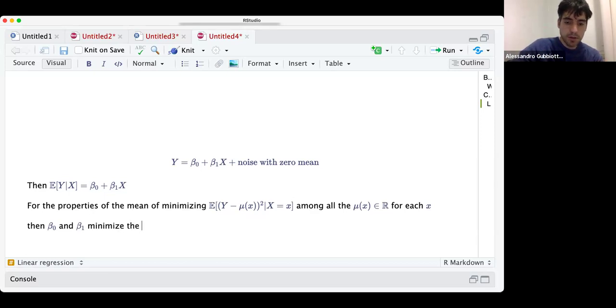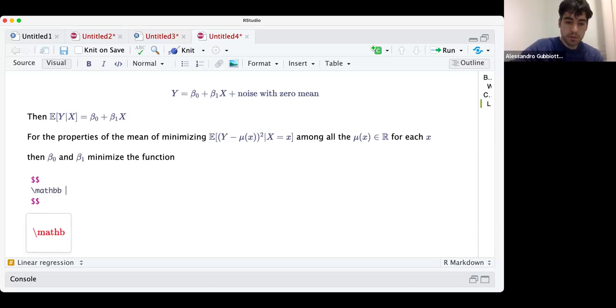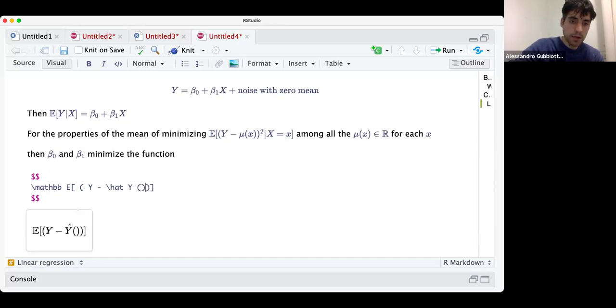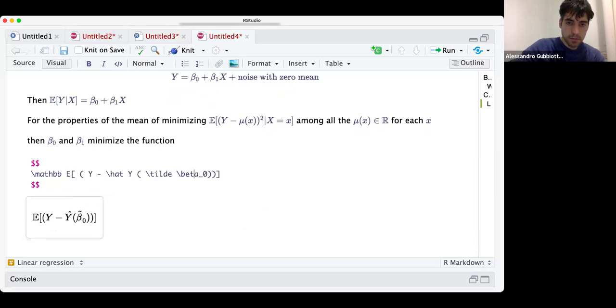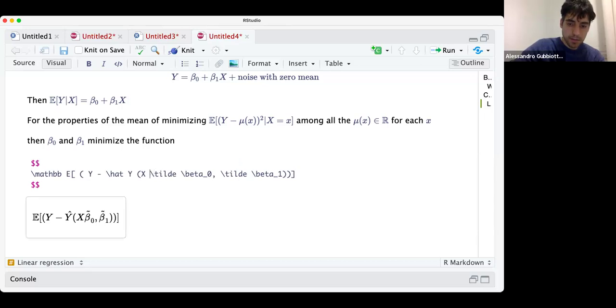Minimize the function y minus the prediction of y made using tilde beta 0 and tilde beta 1, and of course it depends on x, because this y hat is defined in this way.